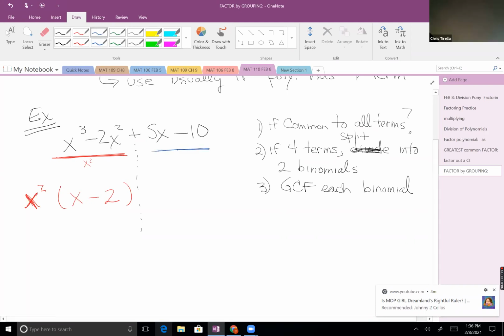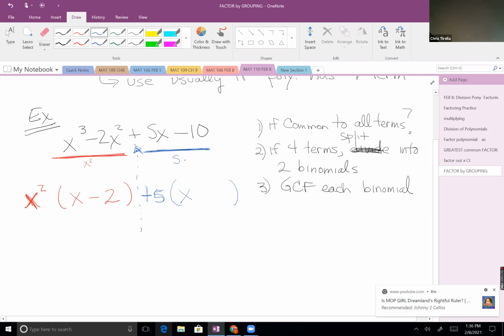Then I'm going to look at the other binomial, the plus 5x minus 10. Is there anything common there? 5. What type of 5? Positive or negative? Use the middle sign. I'm going to take out a positive 5. And when I divide out that 5, what am I left with? 5x divided by 5 is x.